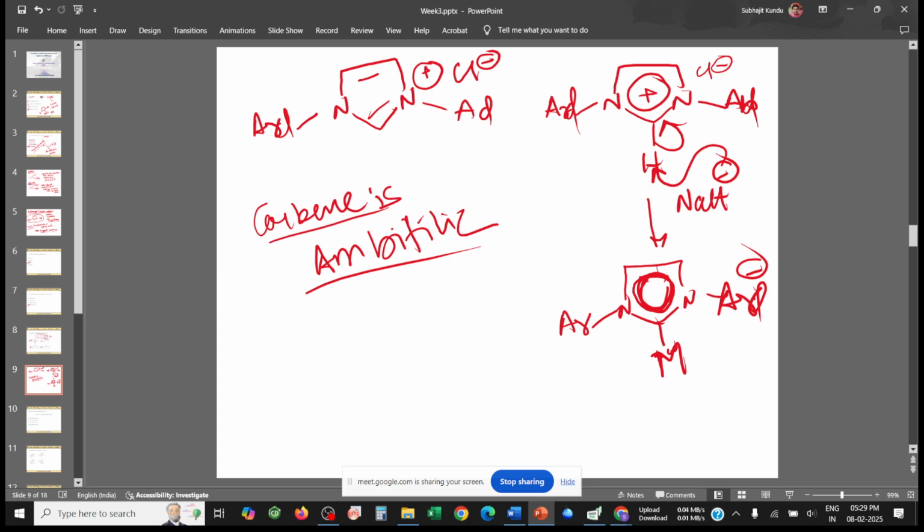This carbon is nucleophilic in nature rather than electrophilic. You have to compare with some other one, so we cannot say absolutely, but the nucleophilicity is greater for this carbon acting as a nucleophile.